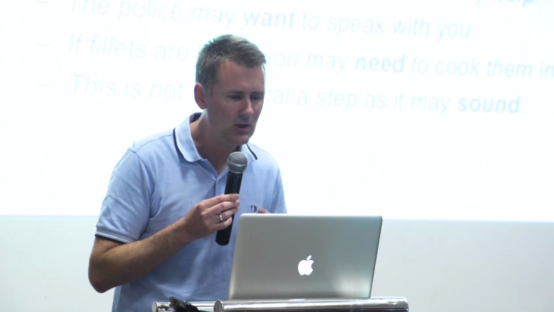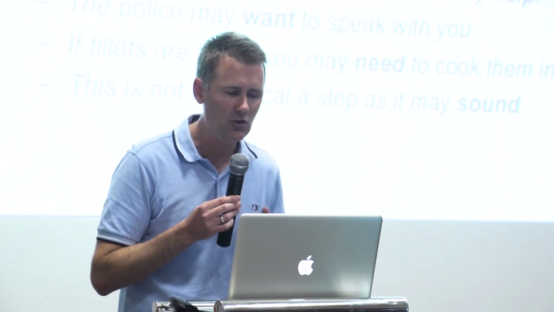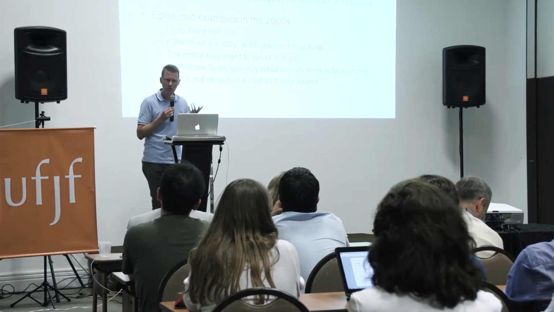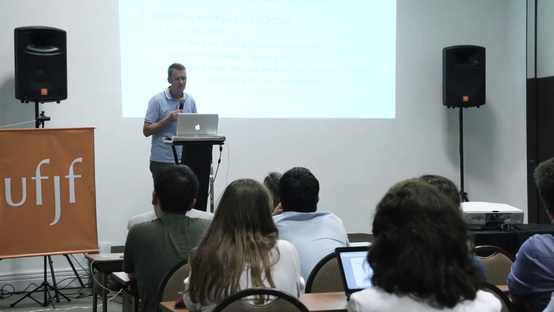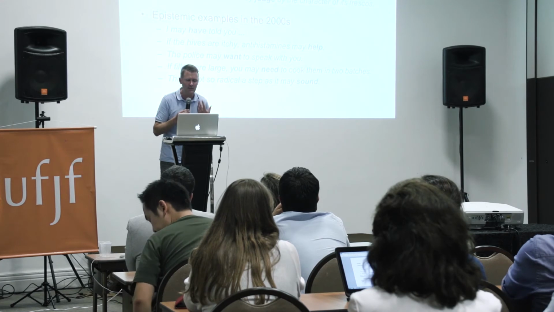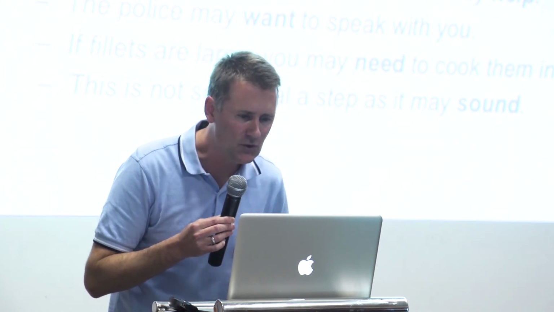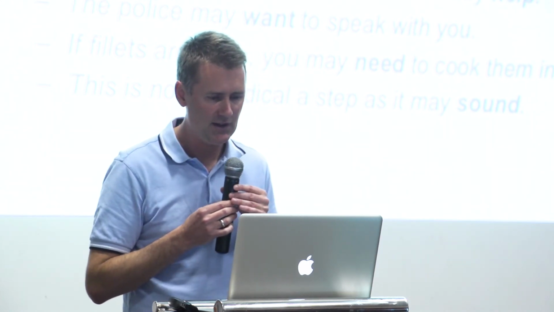Conversely, we're looking at examples of the 2000s where verbs such as have, help, want, need, and sound tend to be overrepresented. Then we get meanings that are more epistemic. So I may have told you, or the police may want to speak with you, or you may need to cook them in 2 batches and things like that.